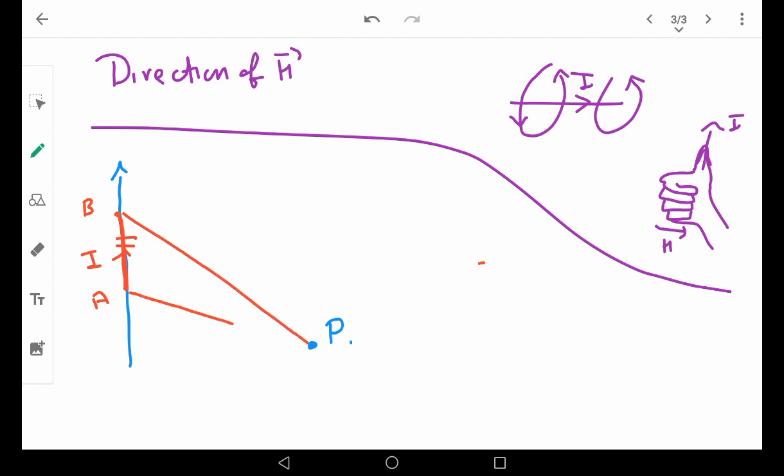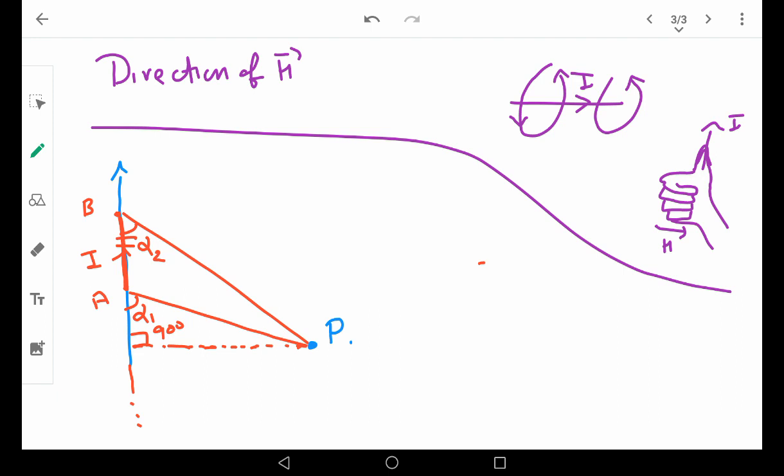I will extend this, and I will draw a perpendicular from the axial line passing through the filament, so that this angle will be 90 degrees. This angle will be alpha 1. This angle will be alpha 2.